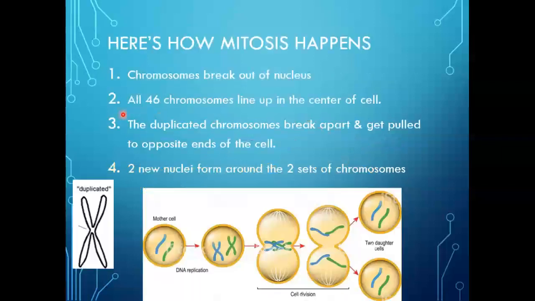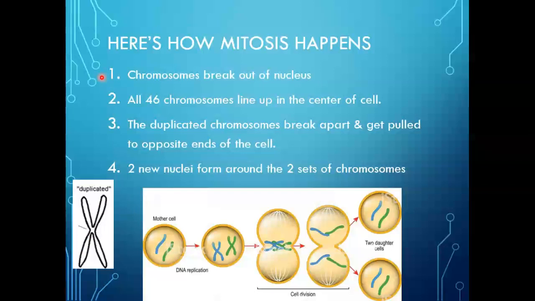So here's how mitosis happens in a nutshell. You can remember this sequence, and if you can summarize this, remembering that a chromosome duplicated is just twice as much DNA, but one chromosome, as long as you can remember that, you're going to be just fine for mitosis.